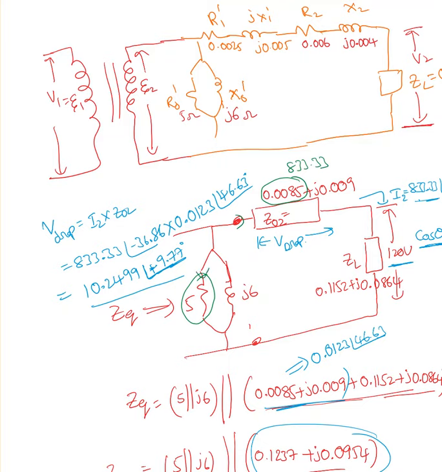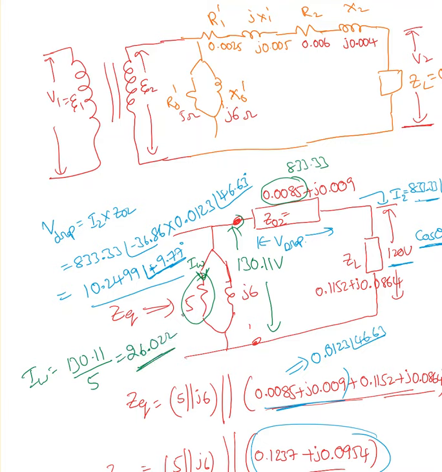How about the current here? I can find that current because I already know the voltage here is 130.11 volt. So I'm going to say this is IW equal to 130.11 divided by 5. That will give us the IW, which is the current passing through that core.